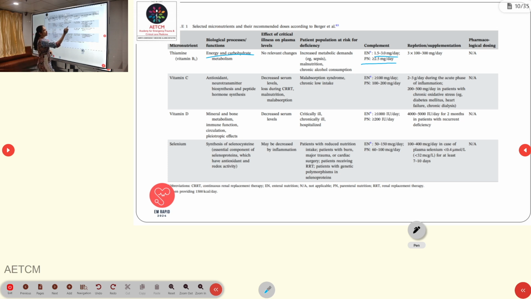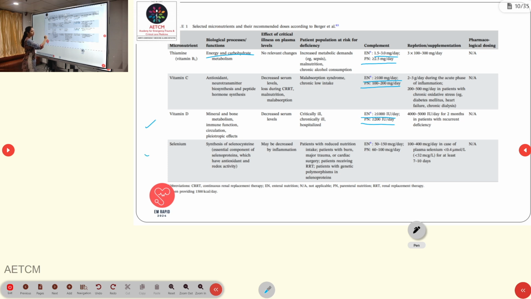So in enteral nutrition the dose is more than 100 mg per kg per day, and in case of parenteral we will be giving 100 to 200 mg per day. Then vitamin D. Vitamin D helps in mineralization of the bone and immune functions, and it will be helpful in critically ill patients. In enteral nutrition we will be giving more than 1000 international units per day, and parenteral more than or equal to 200 international units per day.